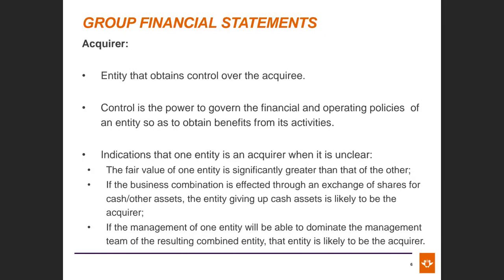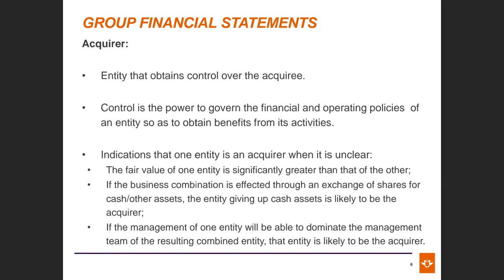Often the acquirer will have a greater fair value than the subsidiary. Another indication is that if the business combination is going to happen through an exchange of shares for cash or other assets, the entity giving up the cash or assets is likely to be the acquirer.